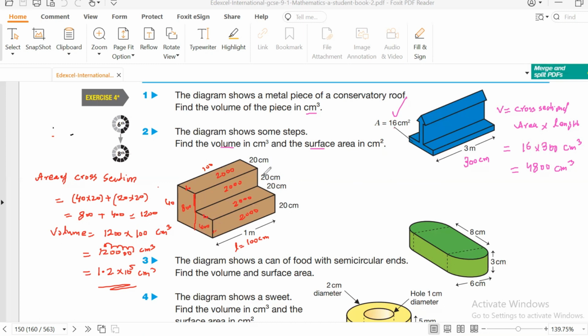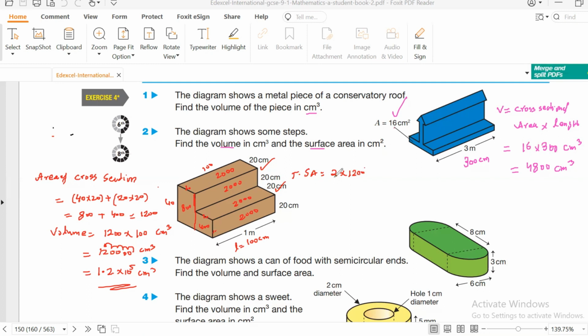The other part is also the same. Means 800 plus 400, 1200 comes 2 times. This side also the same thing. So when you find the total surface area of this shape, multiply 2 by 1200 because it will come 2 times, right and left.